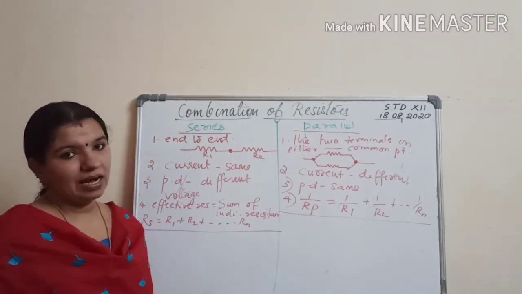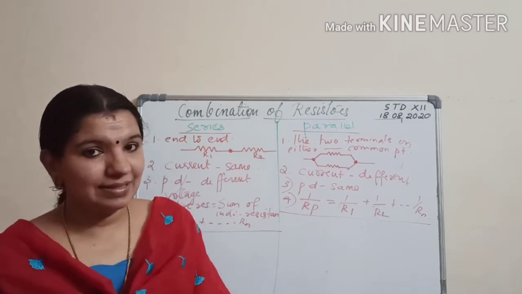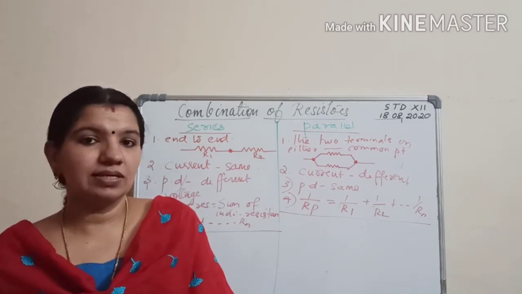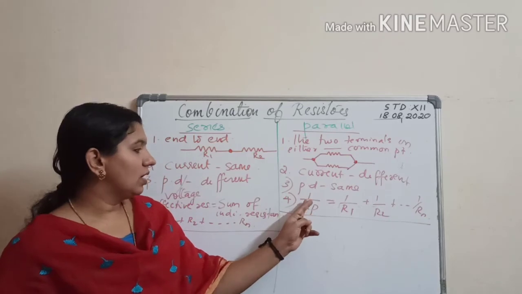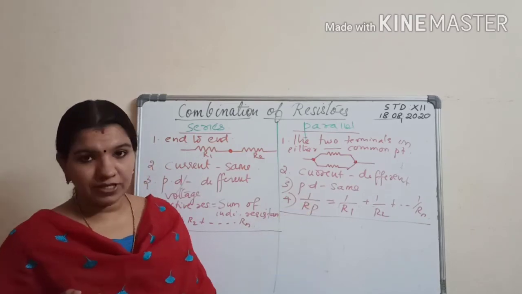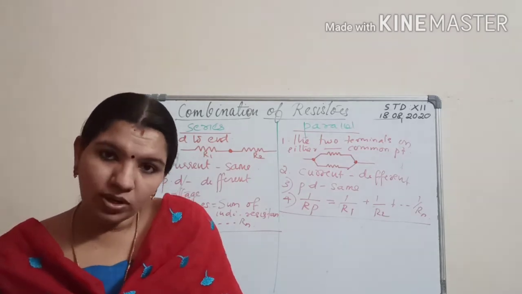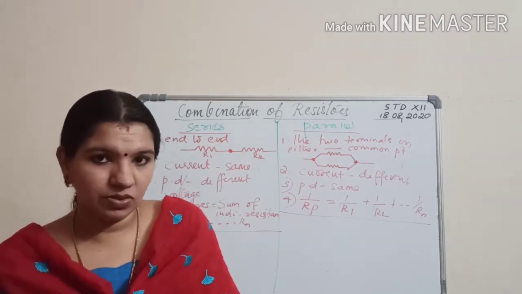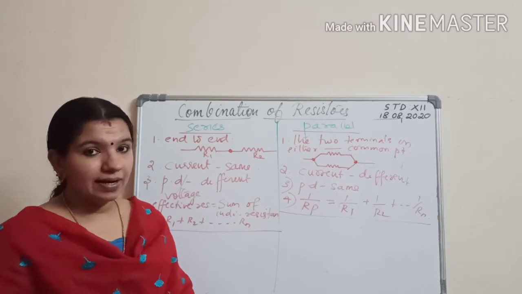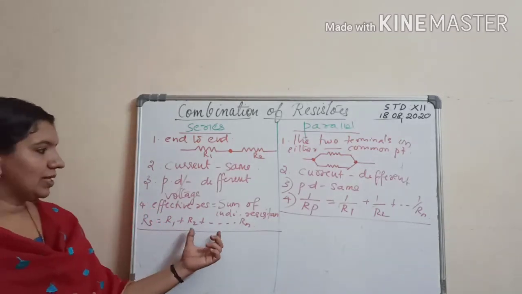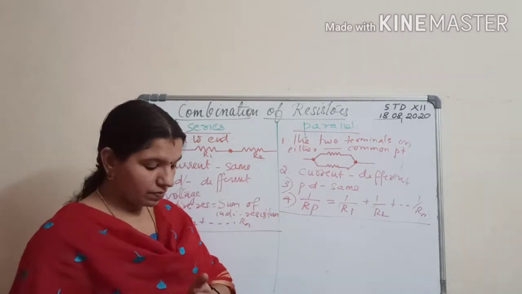Effective resistance can be calculated as the sum of individual resistances, and in parallel, the reciprocal of effective resistance is the sum of the reciprocals of individual resistances. Now we will move to the derivation part of these two equations.